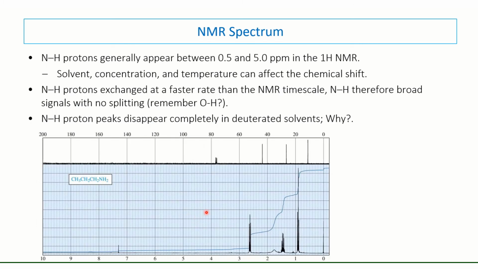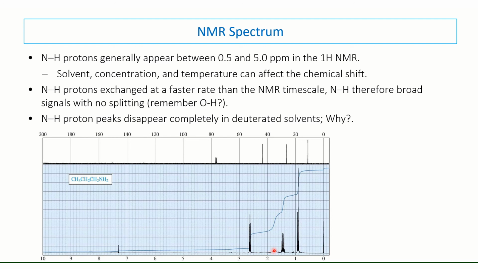In the NMR spectrum, proton NMR, similar to the alcohols, the NH can turn up just about anywhere between 0.5 and 5.0 ppm, and of course because the exchange is so fast, we get broadening of the peak, and so there's no splitting.